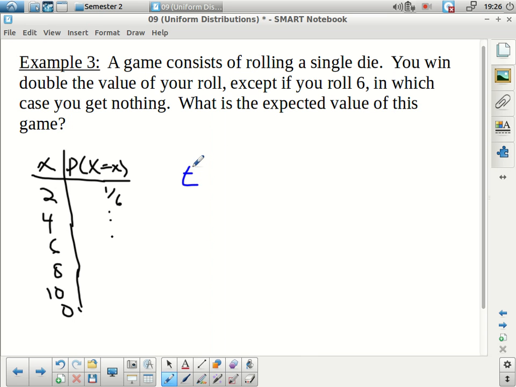So my expected value, I'm going to start with 2. Actually, no, I'm going to start with my probability. This is the shortcut we just developed in the last example. Each and every probability is a sixth, and then I just have to add up those other numbers: 2 plus 4 plus all the way up to 10.